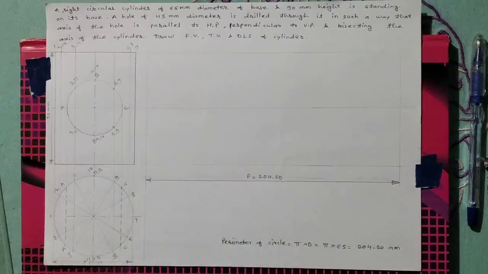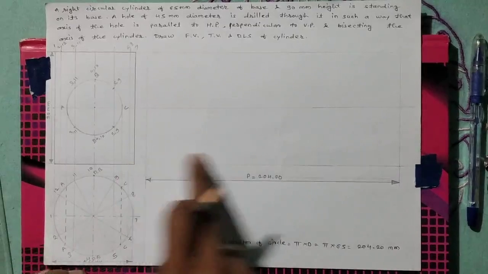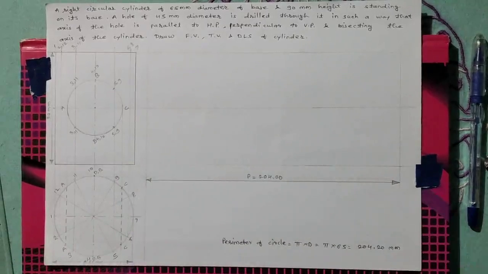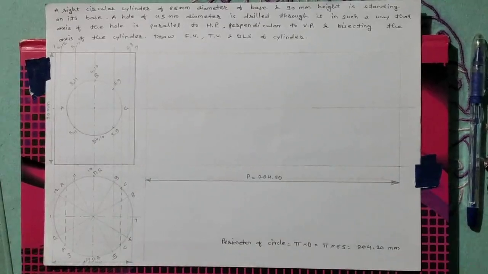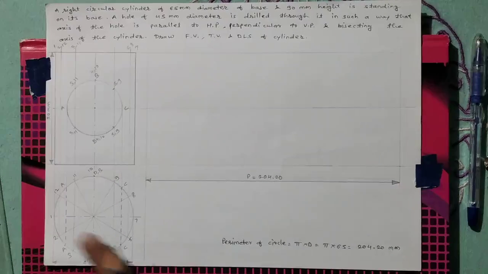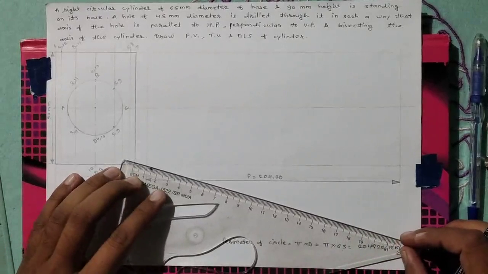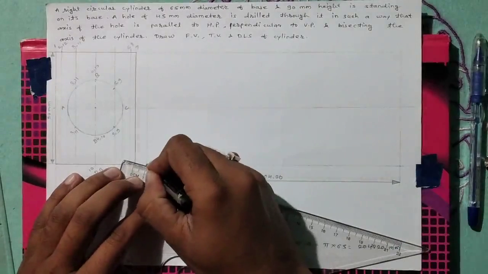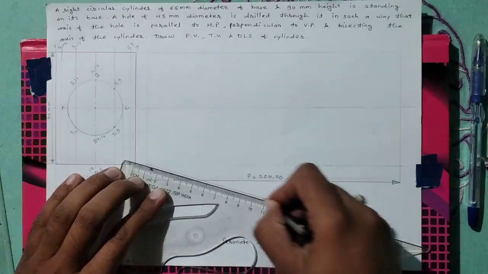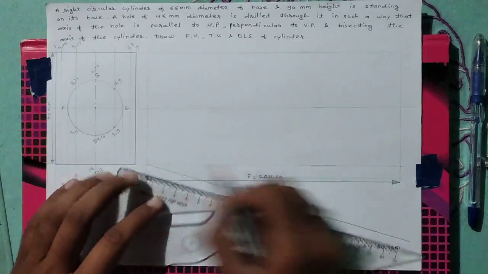After that, we have to divide this line into 12 equal parts, because we have divided this circle into 12 equal parts. For dividing this line, take one line at an angle to this line.